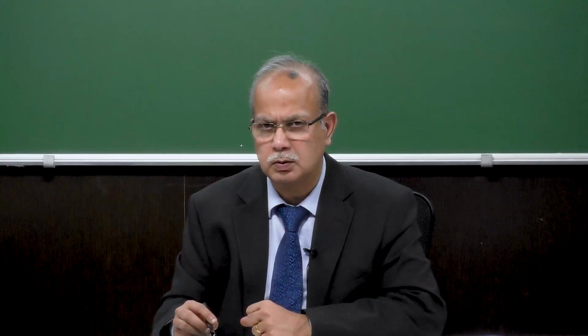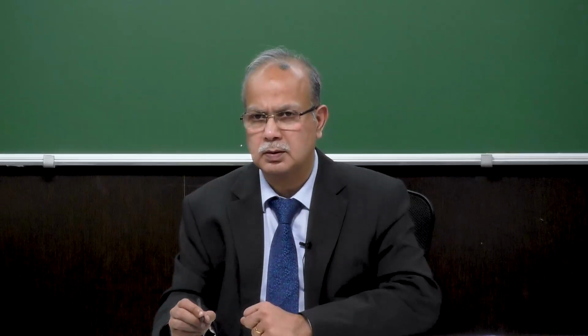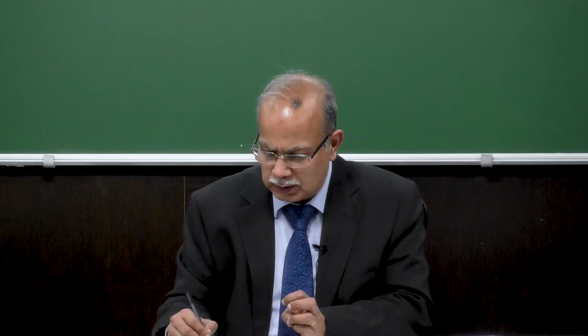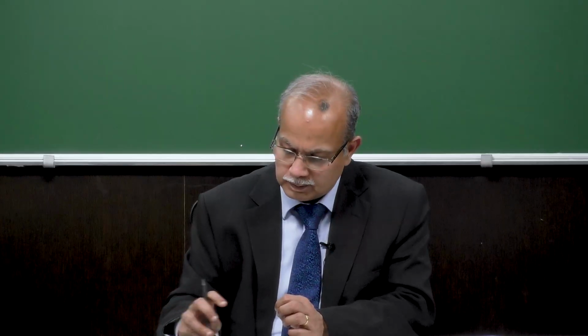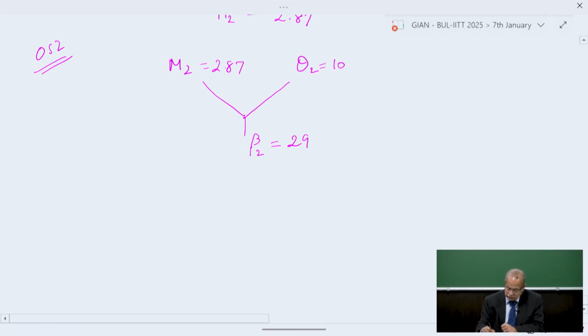So what's the value for beta 2? 32 degrees. Is that what others are getting? 29. So 29, and then we have M2n is equal to M2 sine beta 2.